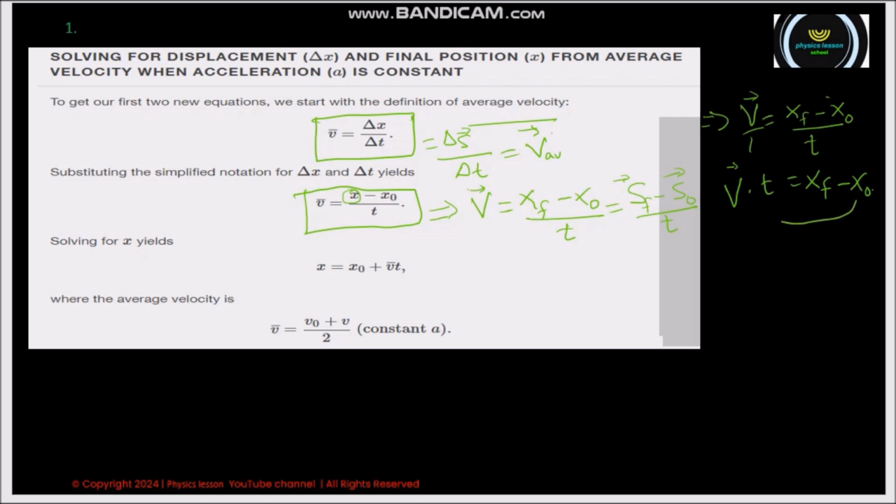If you take the initial displacement to the other side, V average times t plus the initial displacement is equal to the final displacement.